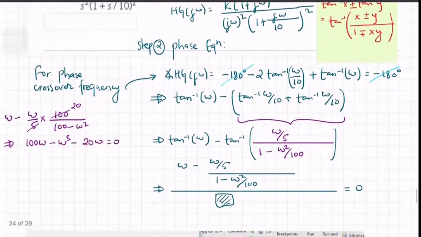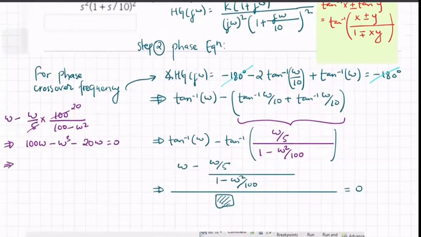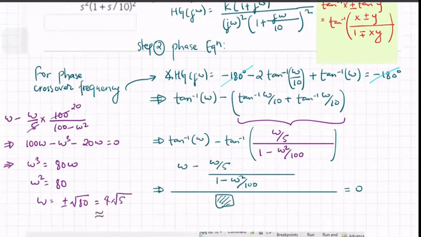So omega cubed equals 80 omega, omega squared equals 80, omega equals plus or minus square root of 80. Putting that in the calculator, that would be 4 square root of 5, which is close to 8.94.